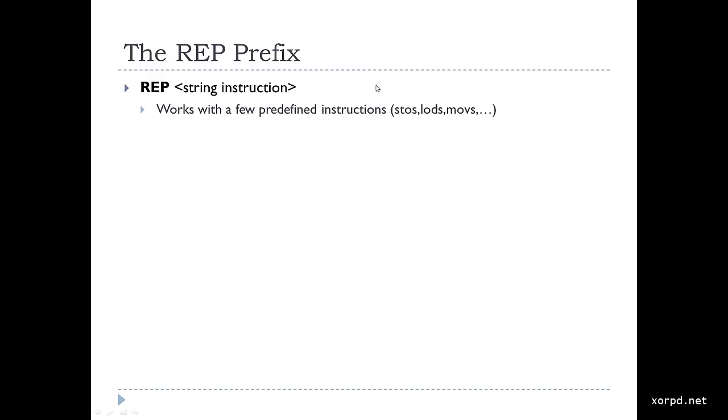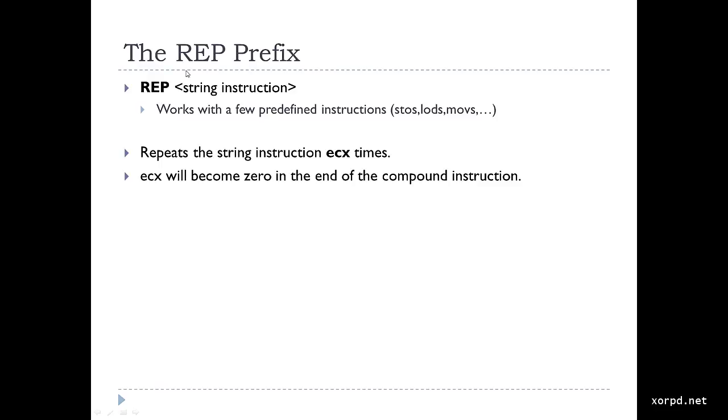You might have wondered if you can add the rep prefix to any instruction. This is not the case. Rep works only with a few instructions. Basically, what rep does is repeat the string instruction, which is here, ECX times. And that's all.